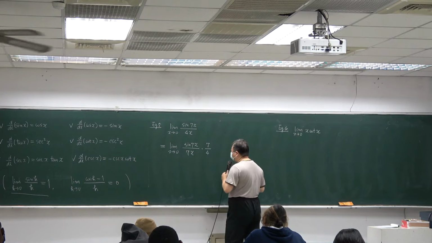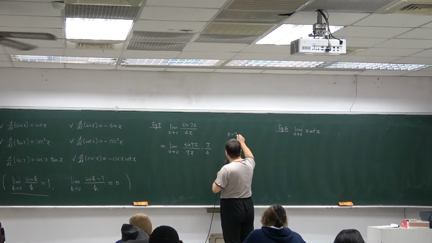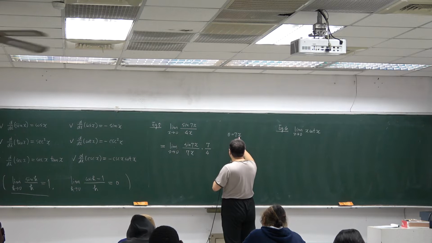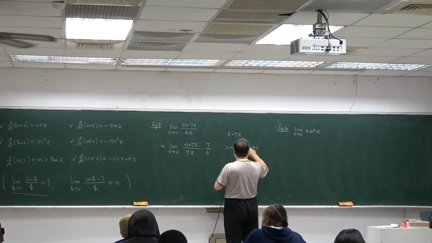Or more precisely, if we put theta to be 7x, then theta is a continuous function of x. And x approaches 0 implies this one approaches 0.